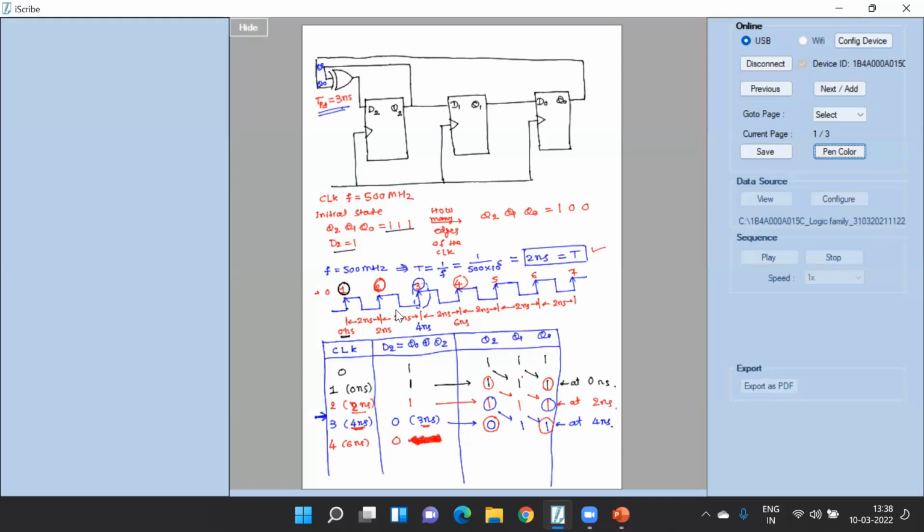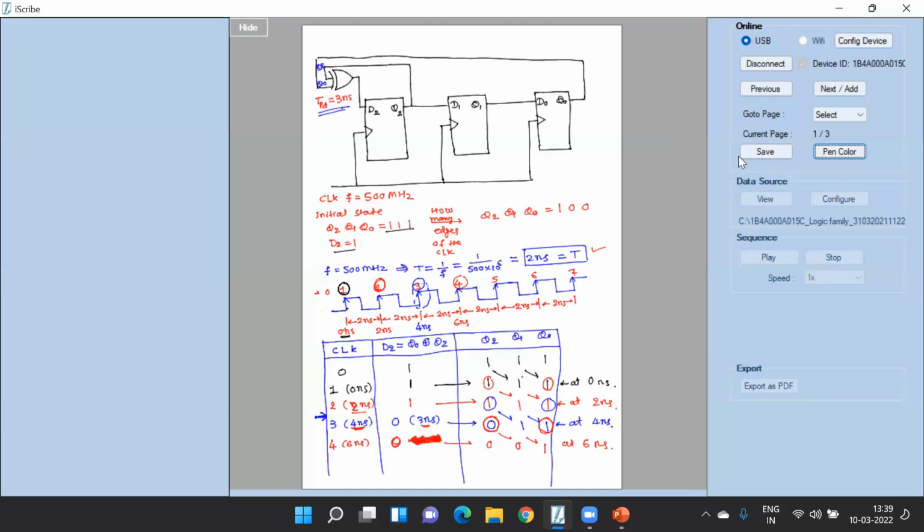So you can see the value of Q2 XOR Q0 at this point of time won't be reflected because the XOR delay is 3 nanoseconds. So it's going to hold on to this older state rather than passing the new state because of the propagation delay. So now this 0 gets transferred here. This 0 gets shifted here at that particular clock pulse, and this one comes here, correct? This is at 6 nanoseconds.